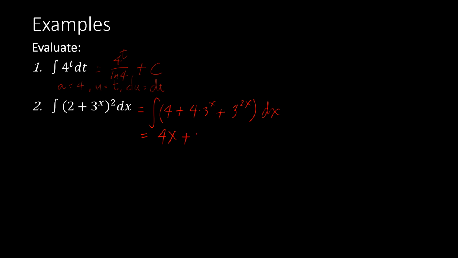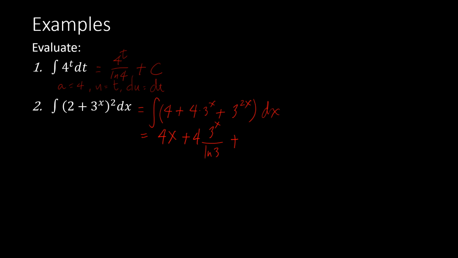plus, we have the coefficient 4. The integral of 3 raised to x dx is of the form a raised to u. Your u is x, and its differential is dx. So that will be equal to a to the u, or 3 raised to x, all over ln of 3, plus the integral of 3 raised to 2x dx.